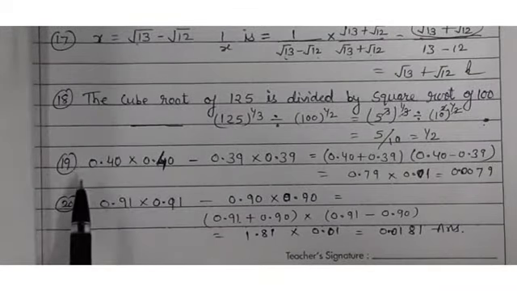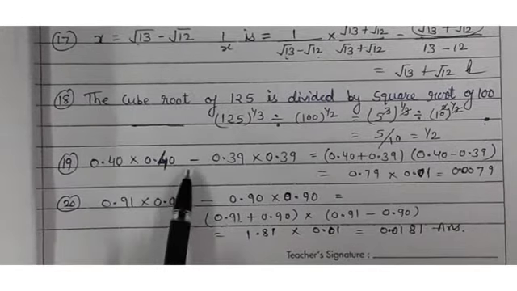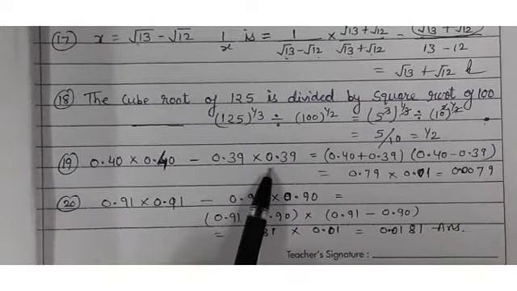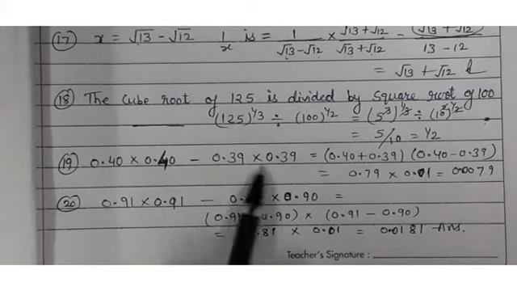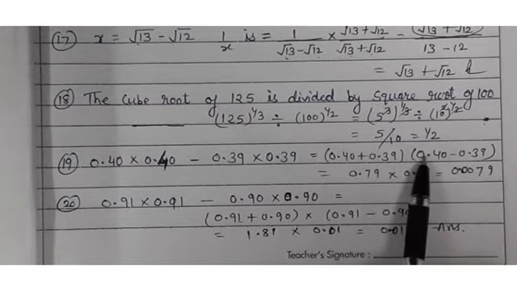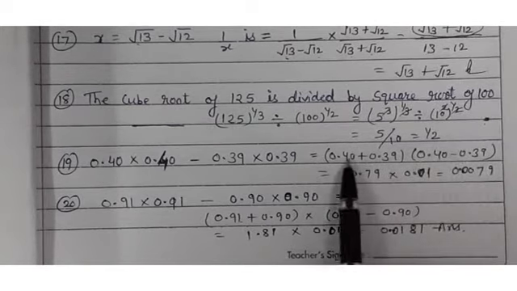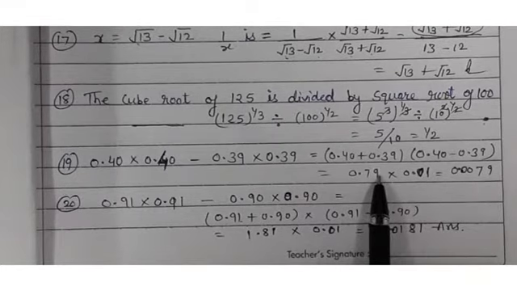Yes, question number 19. 0.40 into 0.40 minus 0.39 into 0.39. This is just like a square minus b square. This will be a plus b into a minus b. Okay, if I add these two, this will be 0.79, isn't it?